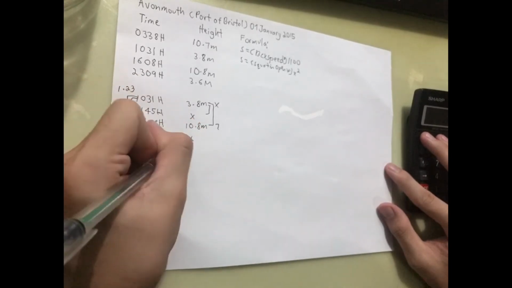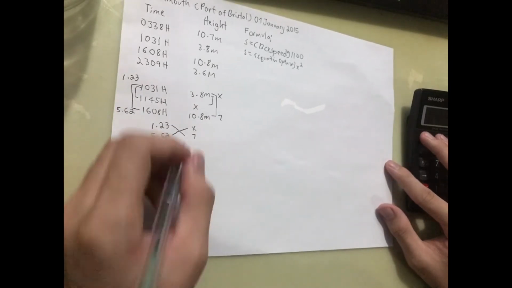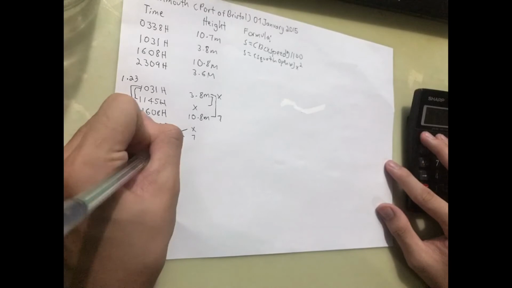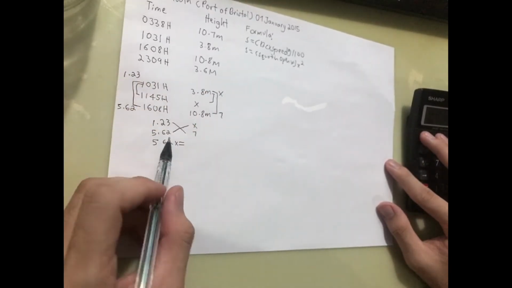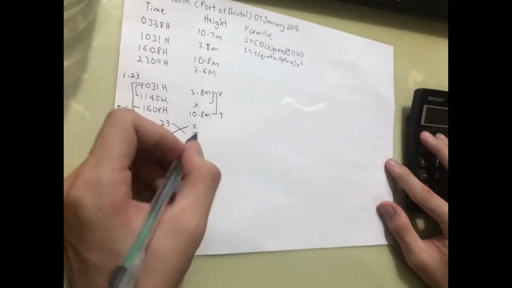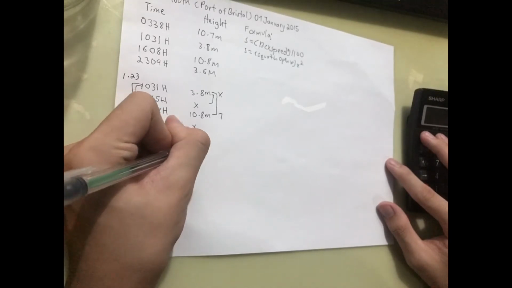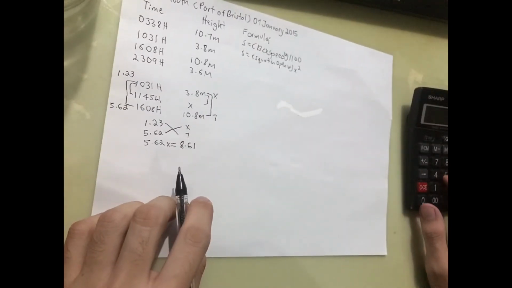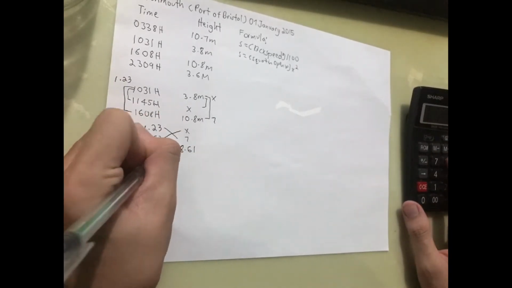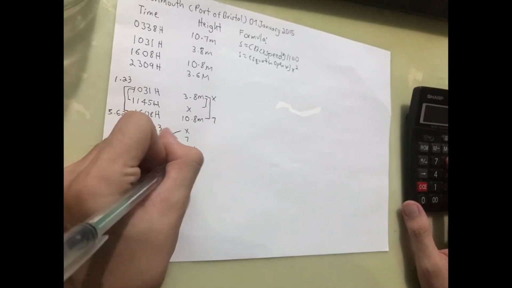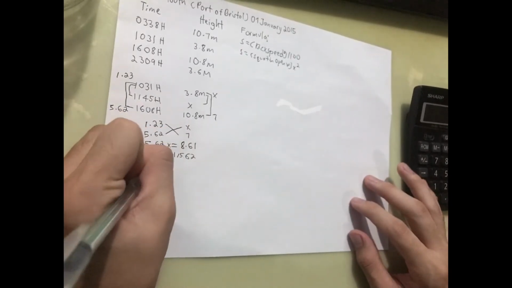Then 5.62x is equal to 1.23 times 7, which is equal to 8.61. Then we transpose, starting with x is equal to 8.61 divided by 5.62. If we divide it, the answer will become 1.53.